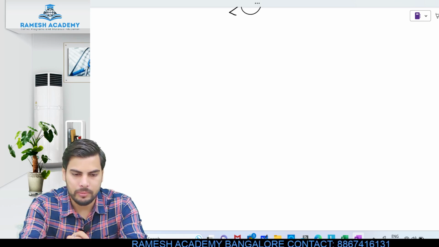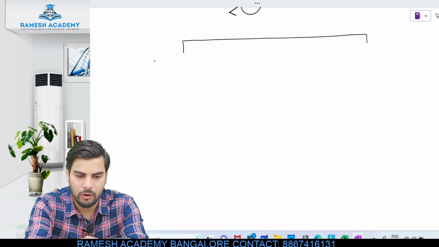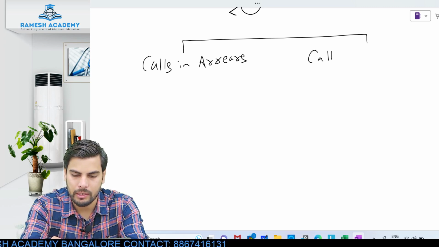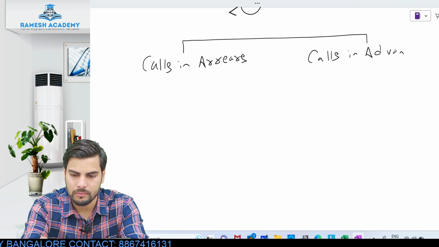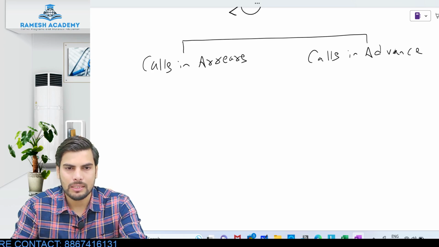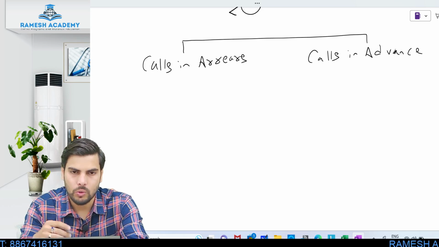Let me just tell you this. We have got calls in arrears, and we have got calls in advance. Let us understand what exactly is calls in arrears. What is arrears?